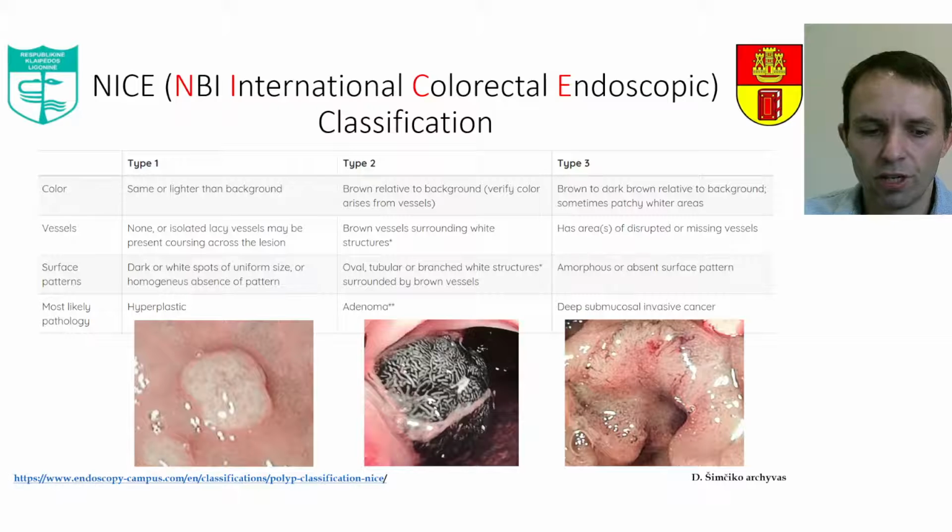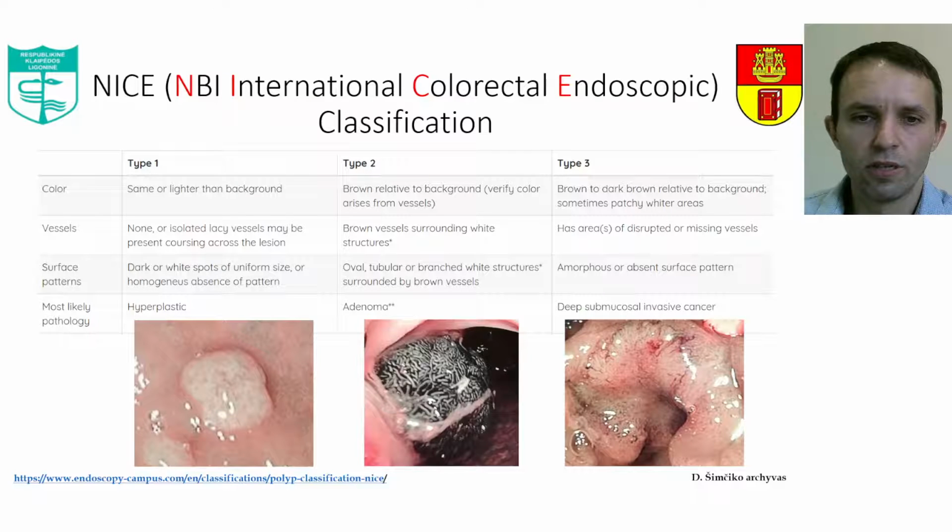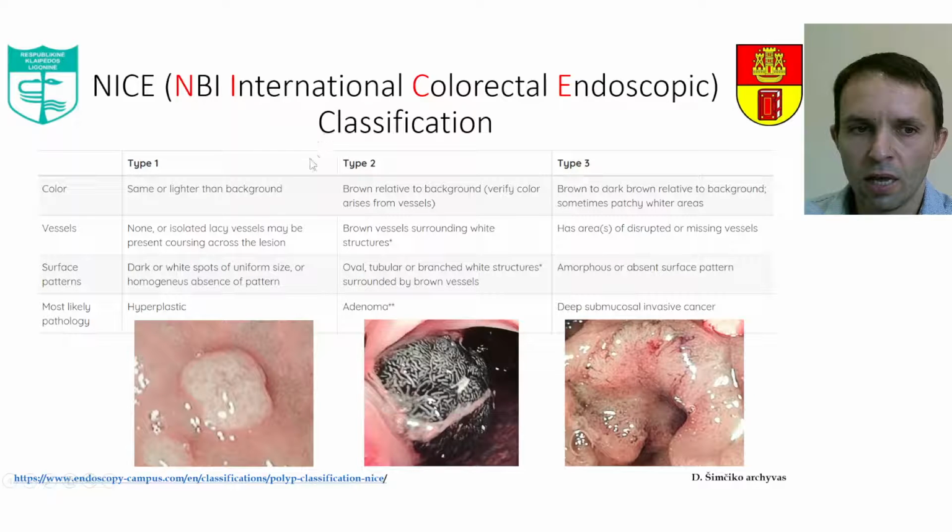How to differentiate? To differentiate the lesions using different virtual chromoendoscopy systems, we have classifications, and all of them usually use the same or similar criteria to describe the lesion. Namely, its color, vessels, and surface pattern.